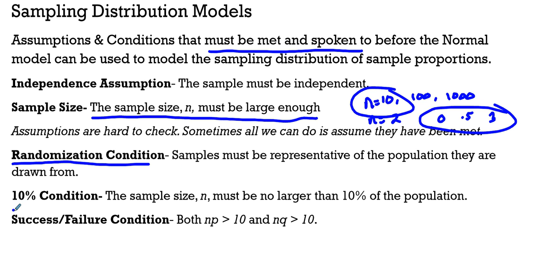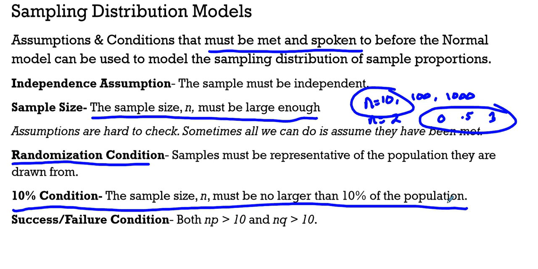The 10% condition. We talked about this one earlier, in chapter 16. If our sample size is less than 10% of the population, we're okay. We're not going to affect the independence assumption.